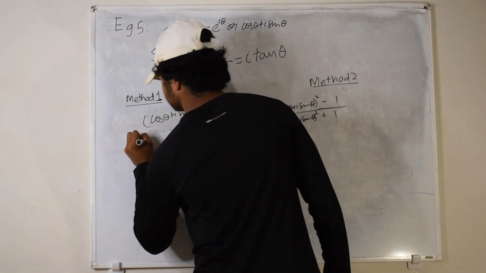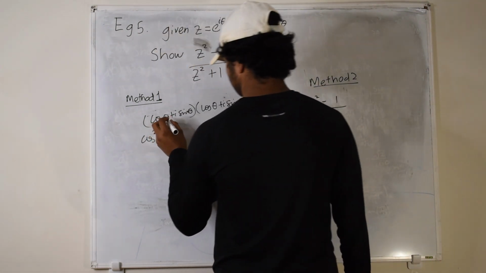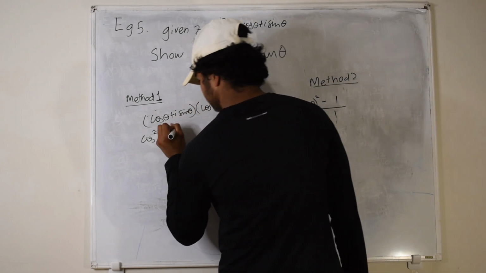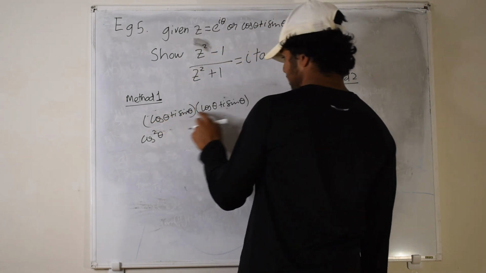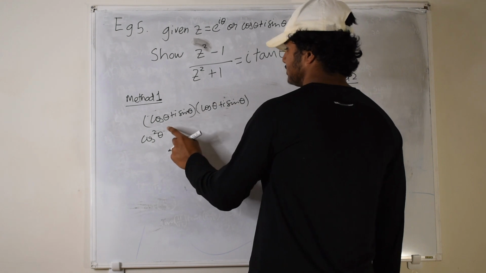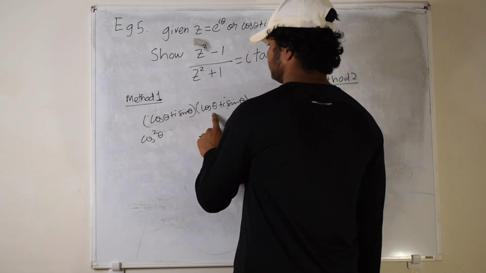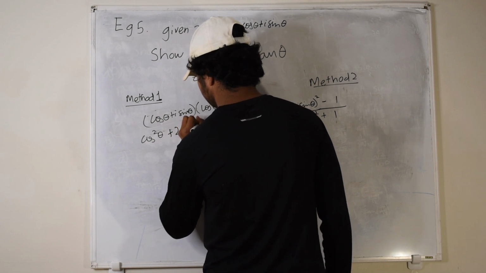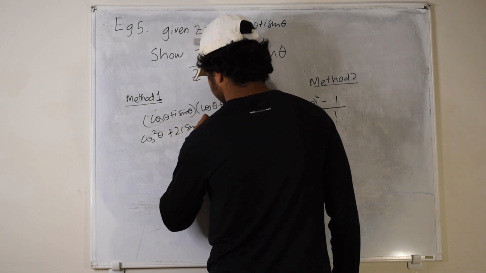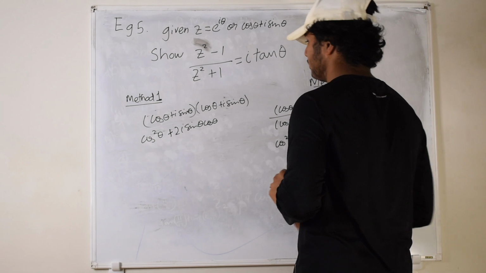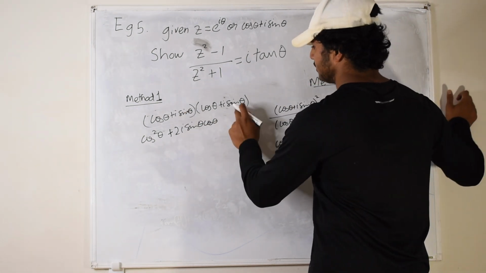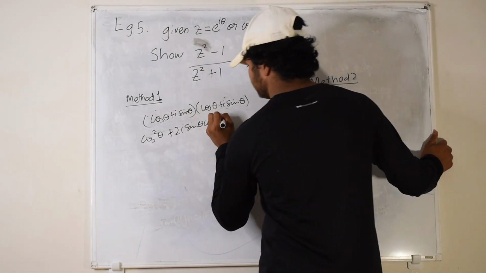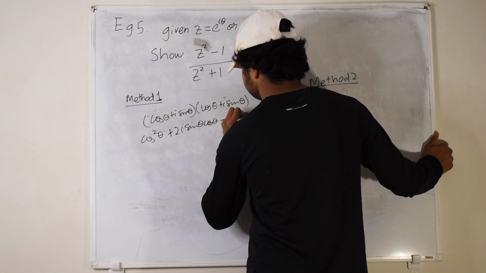Expand that: cos squared theta plus i sin theta cos theta plus i sin theta cos theta. So we get 2i sin theta cos theta. This is a very important thing right here. And then we've got sin squared theta with i squared, which is negative 1, so minus sin squared theta.